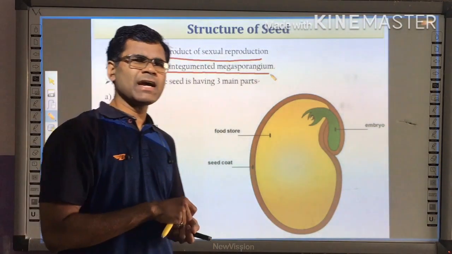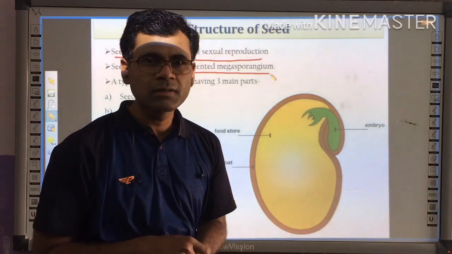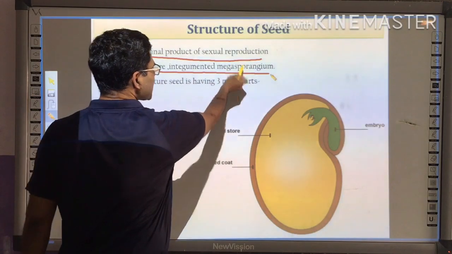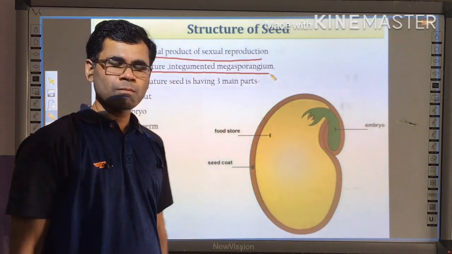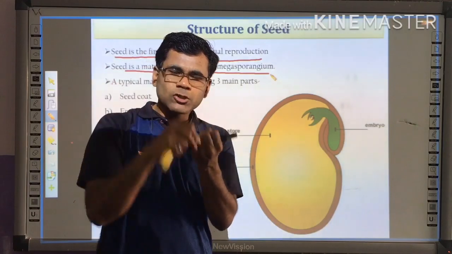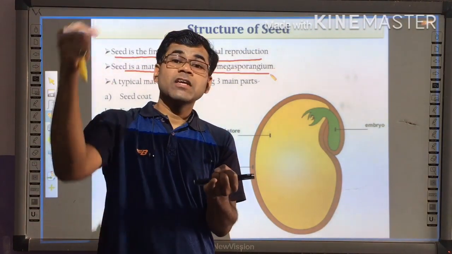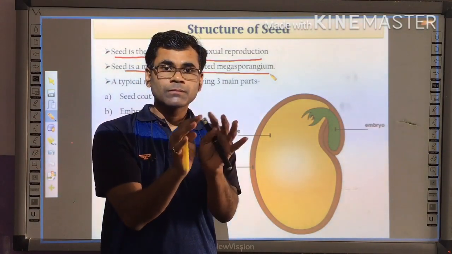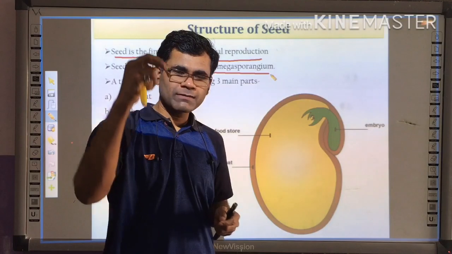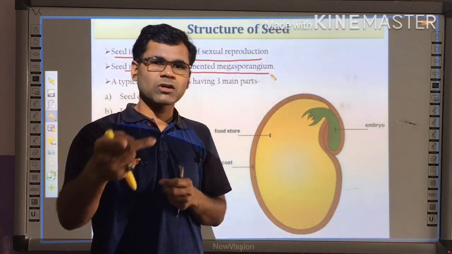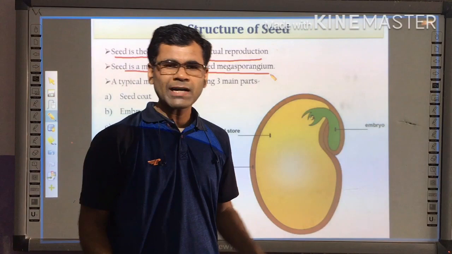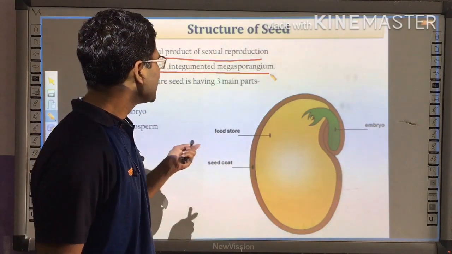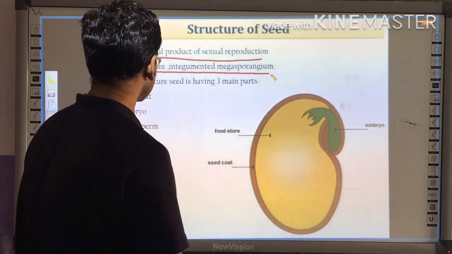If in one line I have to define what a seed is, I can say that a seed is a mature integumented megasporangium. Integumented means covering. Whatever the megasporangium is, it converts into the seed. So that is one very important line, the mature integumented megasporangium.